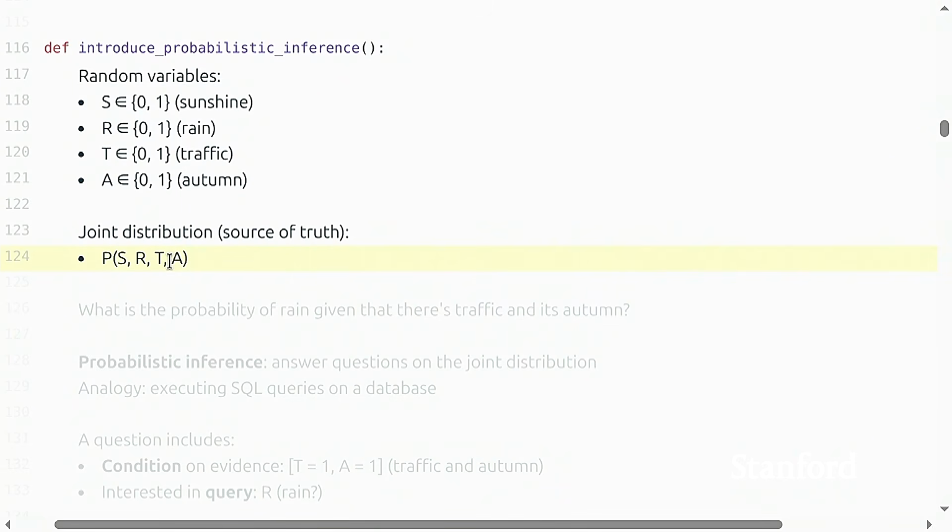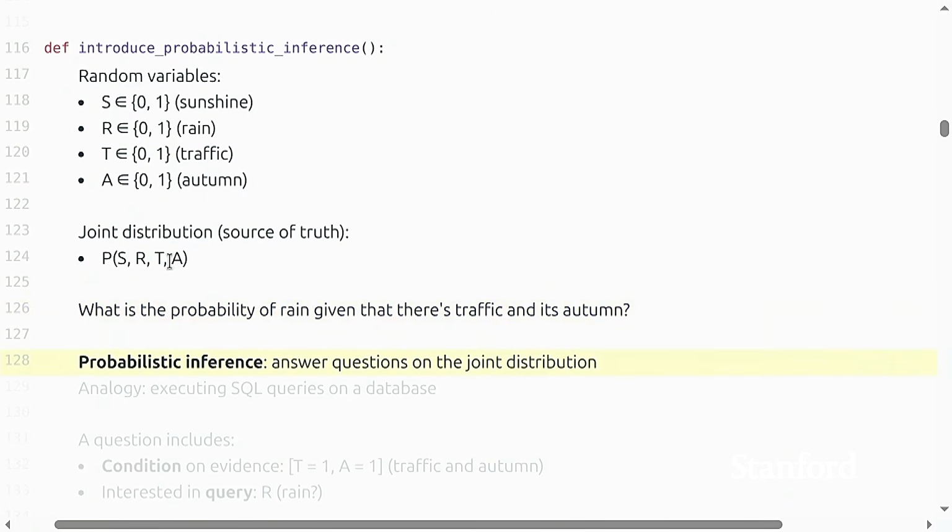What you do with it is that you can ask questions of it. For example, if you're interested in knowing what is the probability that it's going to rain, given that there's going to be traffic and also it's autumn. And the task of probabilistic inference is to answer questions such as these based on the joint distribution.